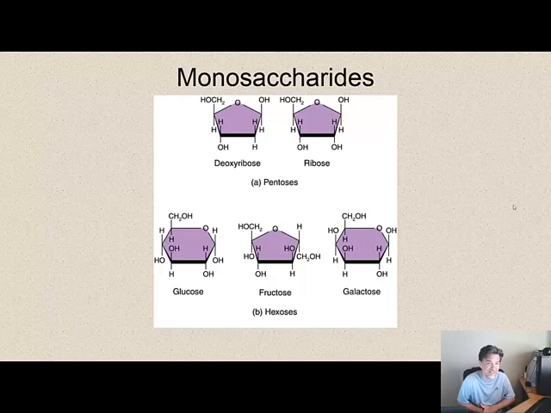In fact, it has the same chemical formula as glucose, C6H12O6, but there's obviously a different arrangement and some different compounds found here. You notice they're ringed carbon compounds, just a little different than what we've been seeing. And then galactose, which is also an important carbohydrate.